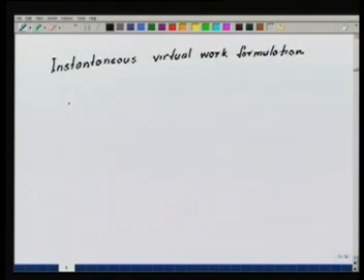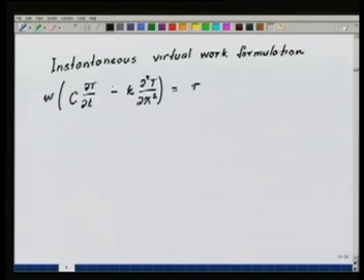So we take the differential equation, C minus, let's say K is a constant, and multiply both sides with a weight function W and integrate from 0 to L. Once I have done this, then again I do what we have been doing so long, which is integration by parts.